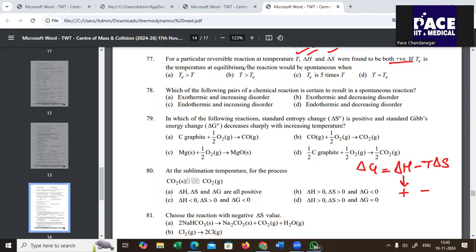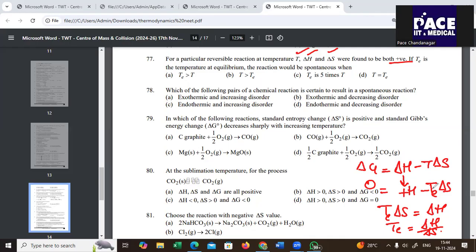If TE is the temperature at equilibrium, delta G is equal to 0. Now T stands for TE here, and the reaction would be spontaneous. When will the reaction be spontaneous? T delta S is equal to delta H, so TE into delta S is equal to delta H. So TE is equal to delta H by delta S. And at what temperature does this happen?